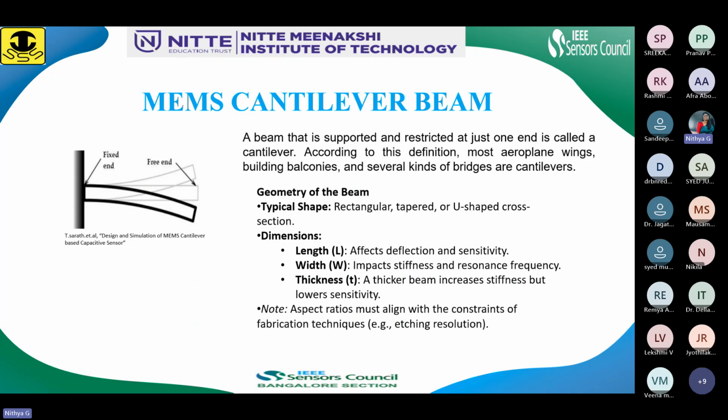So there are two sensing parameters. One is the change in the stress near the fixed region of the cantilever beam. Another is the deflection of the tip from the origin, right? It deflects when the pressure is applied. When the pressure is removed, the cantilever beam free end will come back to its original position. So this is the physics of the cantilever beam.